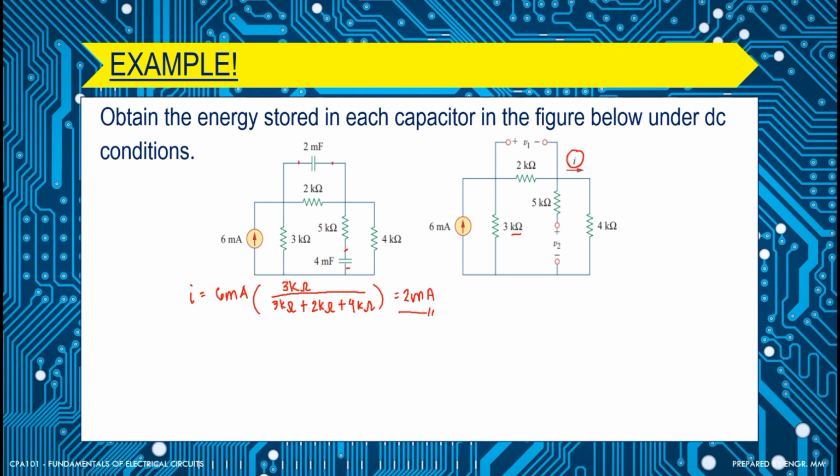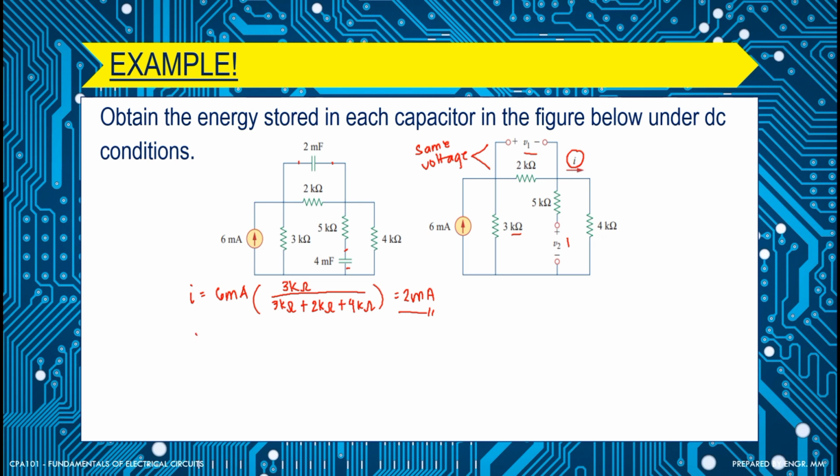Now, to solve for V1, the voltage of the capacitor here, and V2, we can solve for the voltage drop in this resistor, the 2 kilo ohm, since they are parallel. So this is the same voltage. Whatever we solve for the voltage drop of the 2 kilo ohm is just the same as the voltage across the capacitor.